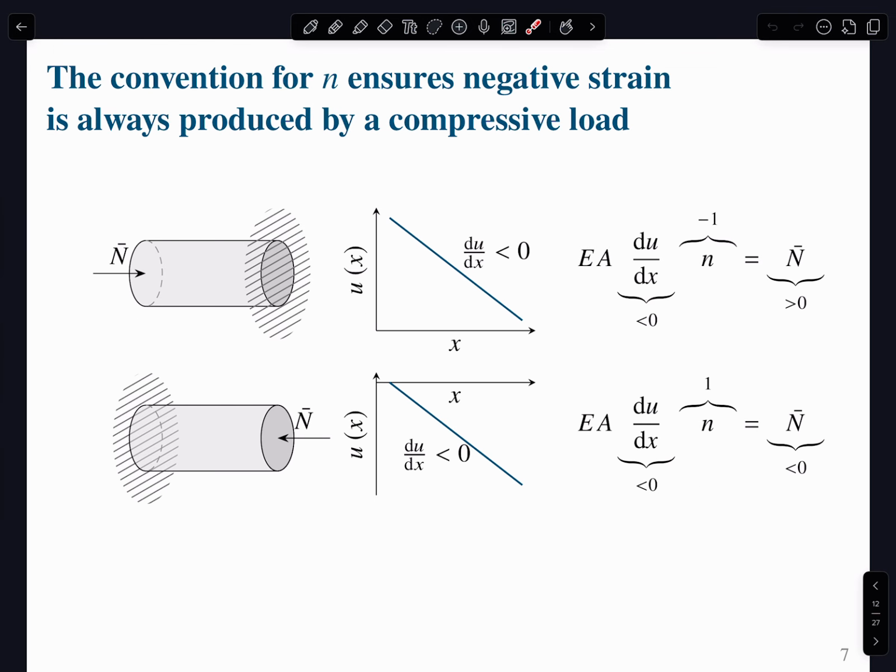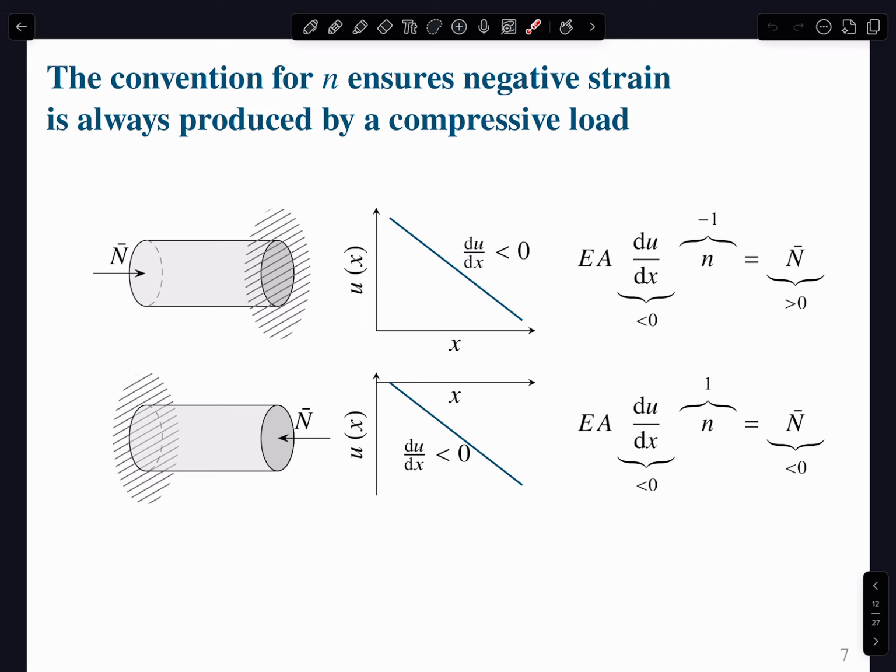Imagine that in the top figure, we are applying a force to the left. We are actually compressing the bar because I'm setting displacement of 0 at the right. I know that my displacement field should look something like this, so my strain should be negative. Obviously, my bar is under compression.